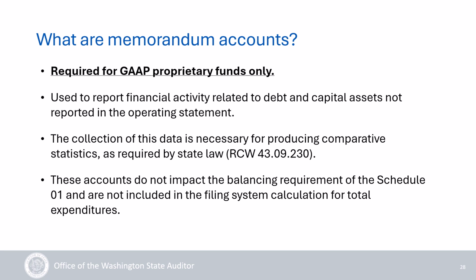Essentially, these memorandum accounts are used for informational purposes only and provide valuable financial data that we would not be able to collect otherwise. Since these accounts are for informational purposes only, amounts reported to them do not impact the balancing requirement of your Schedule 01.